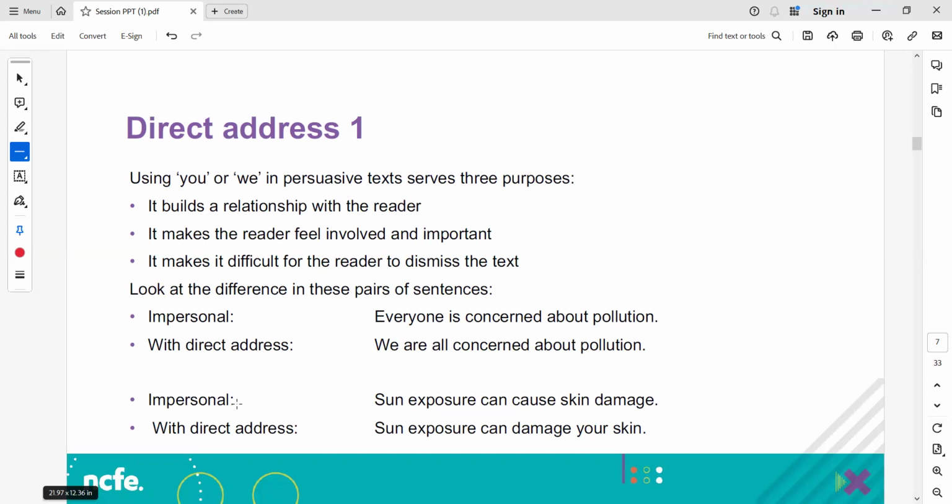Either of those might use direct address because they're wanting to persuade the reader to take action, to either buy a sun cream or to use sun cream to stop sun damage.